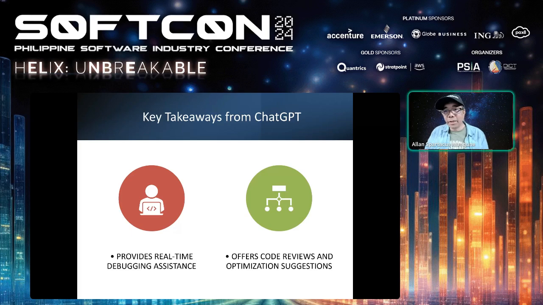So let me summarize some of the key takeaways from using ChatGPT in your development process. First, ChatGPT provides real-time in-depth code reviews if you want to, right? So you can ask it to review the code, or you can review the code with ChatGPT. That's what I'm trying to tell you. It helps identify potential issues, improving your code quality, and it can suggest best practices across your .NET and probably the Angular project.